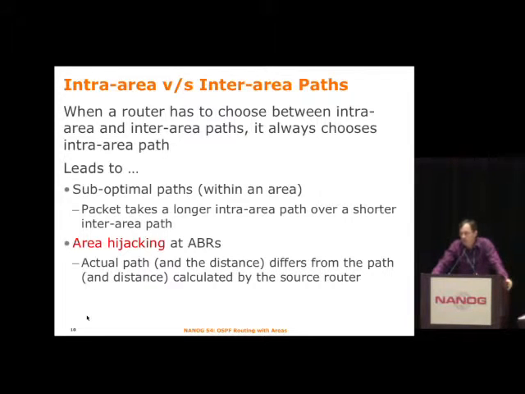Okay. So this issue that the routers will always pick an intra-area path over an inter-area path can lead to a type of area hijacking, where the path will end up following something that's different than what the earlier routers were calculating their distances based on.